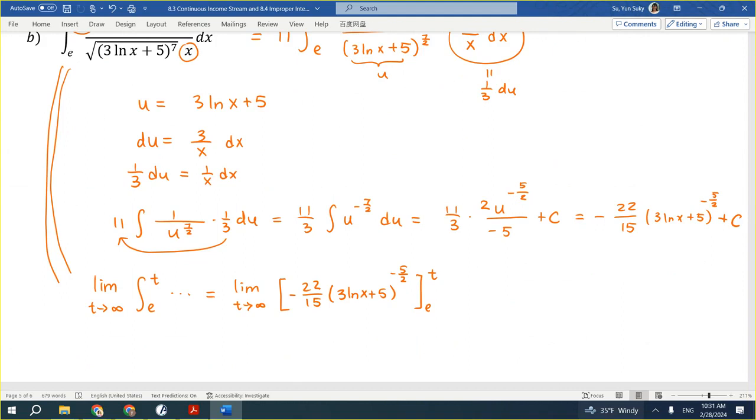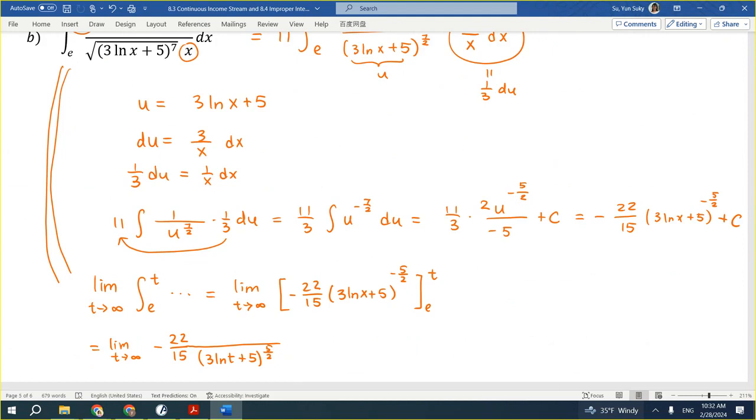All right, let's see. This is the limit as t goes to infinity. We plug in t first. So minus 22 over 15. We plug in t, but I want to move this thing down. This thing is actually in the denominator, because it's a negative exponent. It means this factor is actually in the denominator.